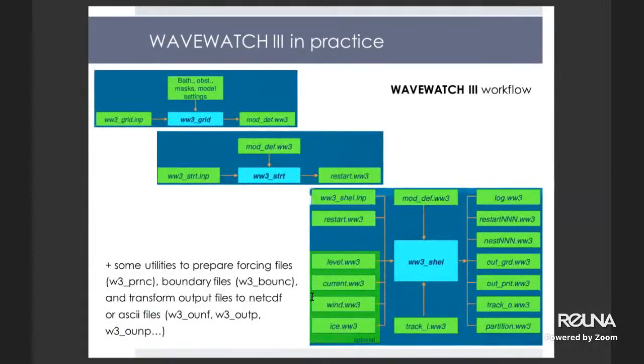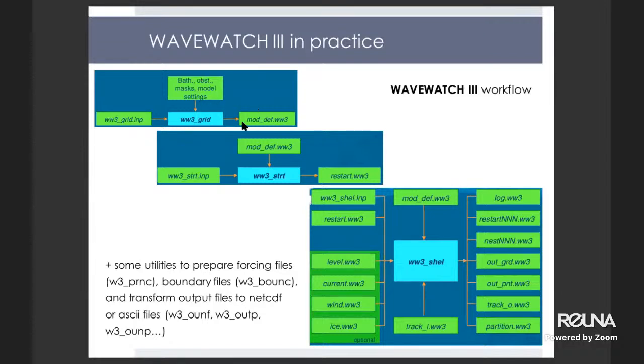So I've put here the workflow of Wavewatch. First you have the step of grid definition. In light blue, you have the main programs: grid, start, and shell. So first you have to set up the grid. You need some input files like bathymetry, obstruction, and masks. And also here, within the definition of the grid, it's a place where you have model settings like parametrizations.